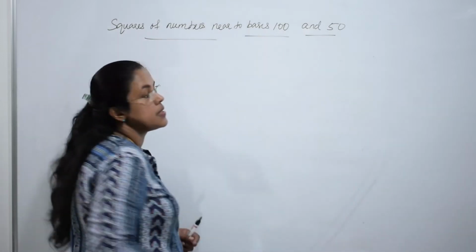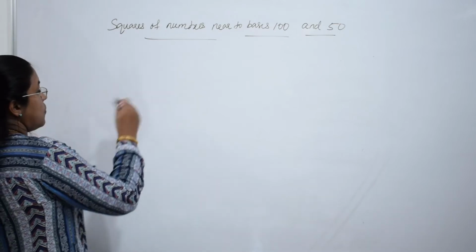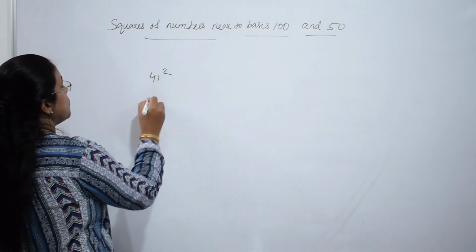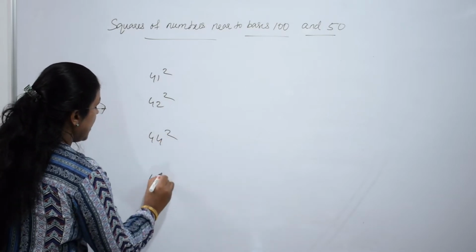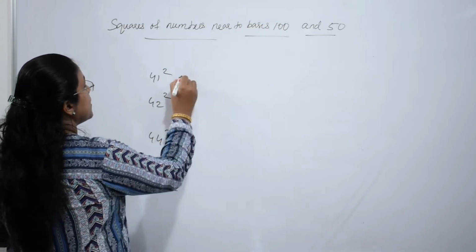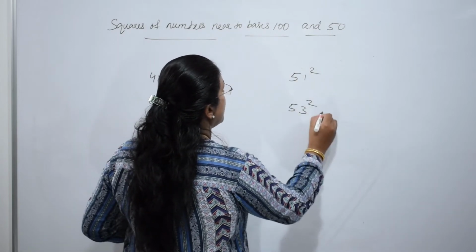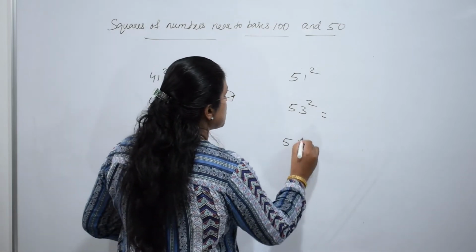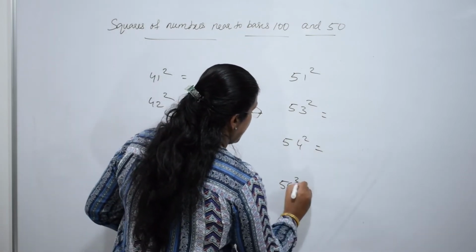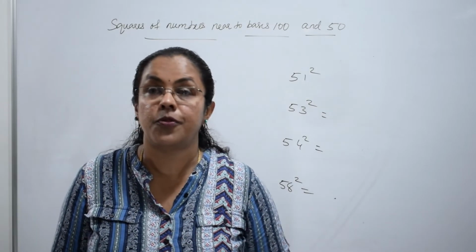Squares of numbers near 50 means 41 square, 42 square, 44 square, 48 square, etc., and 51 square, 53 square, 54 square, 58 square, etc. You must be clear with the concept of the base 50 method.